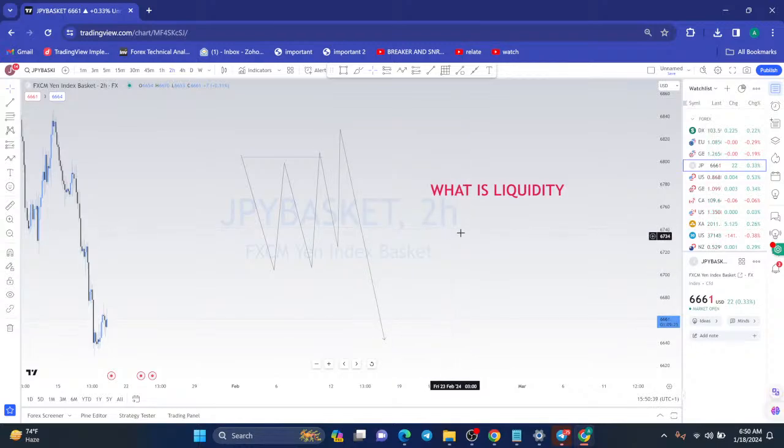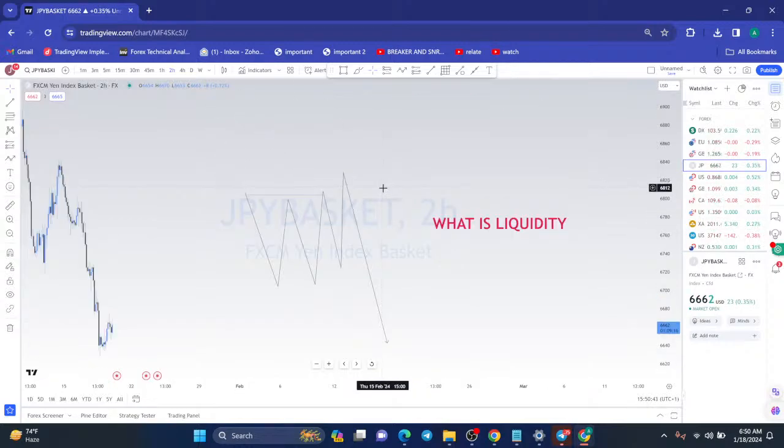Alright, what is liquidity? Now, simply, what I used to tell my students is that liquidity simply means fuel for the market. Liquidity simply means that the market is liquid.